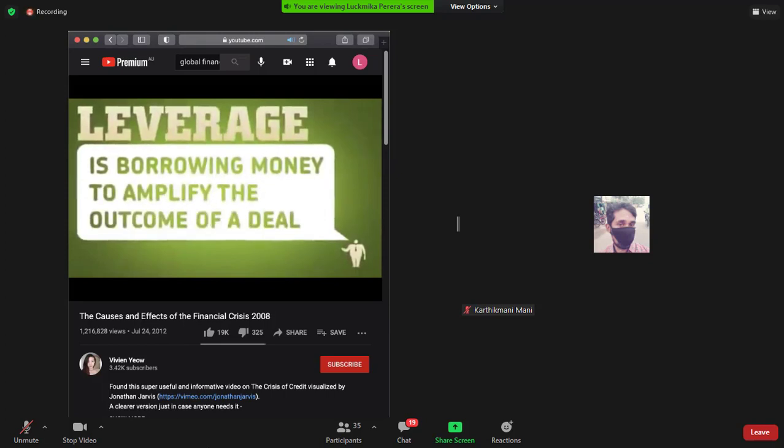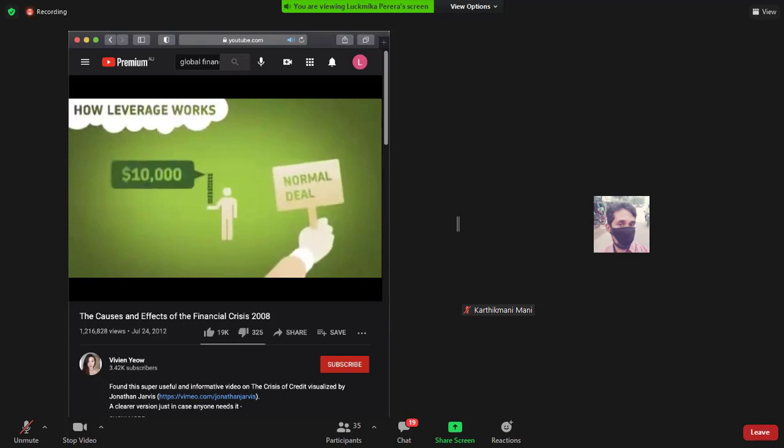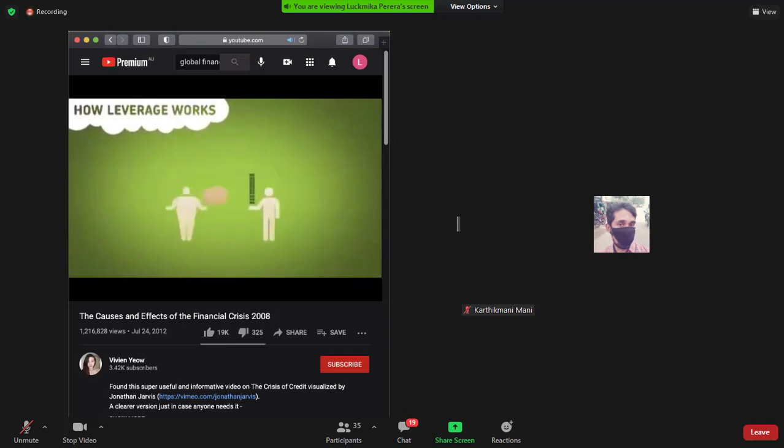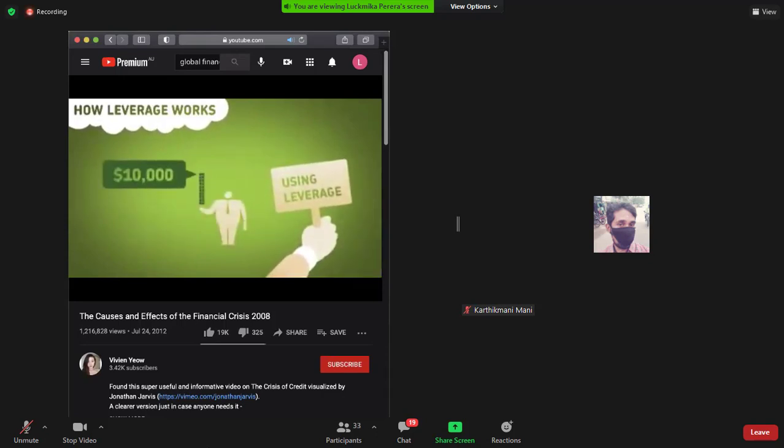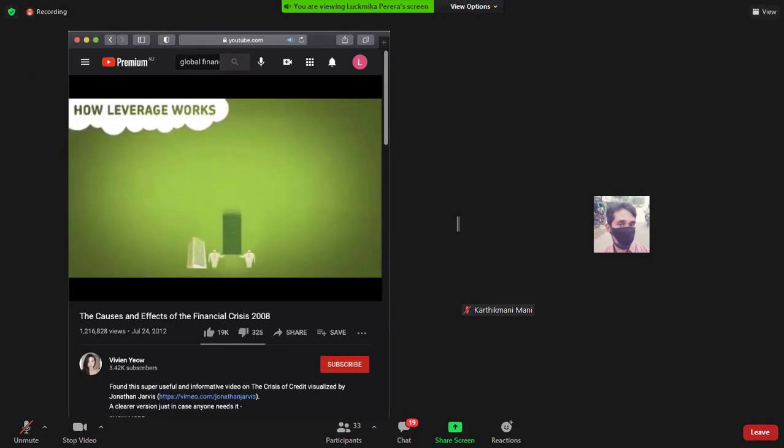Leverage is borrowing money to amplify the outcome of a deal. Here's how it works. In a normal deal, someone with $10,000 buys a box for $10,000. He then sells it to someone else for $11,000. For a $1,000 profit, a good deal. But using leverage, someone with $10,000 would go borrow $990,000 more dollars, giving him $1 million in hand.